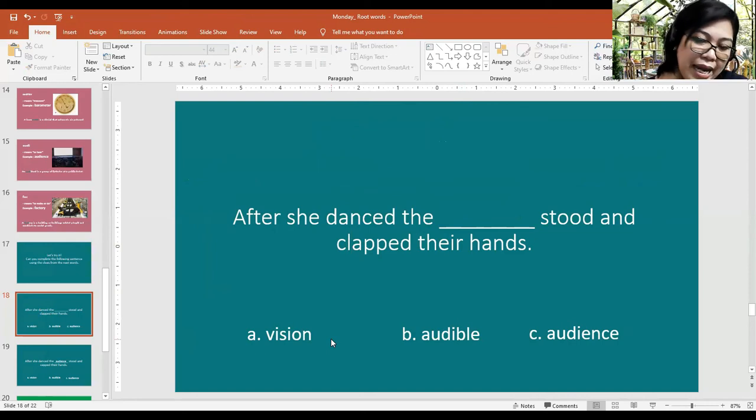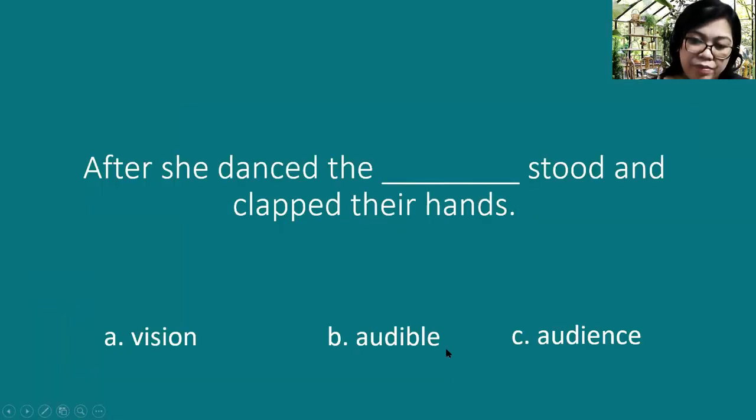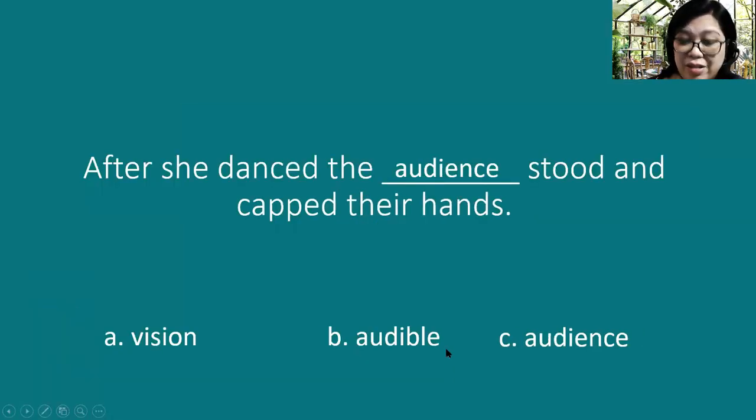What is the answer? A, vision, B, audible, C, audience. Who clapped? So what's the answer? Let me put it here on the big screen. Answer is audience.